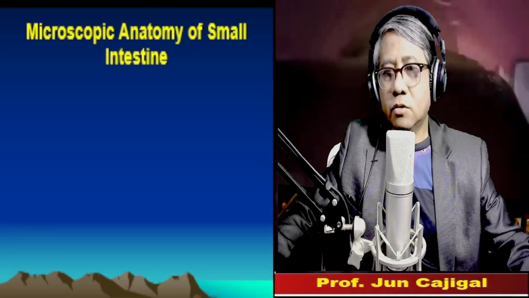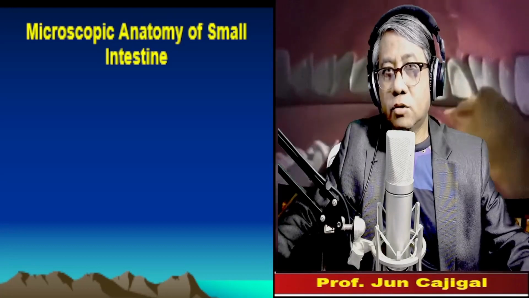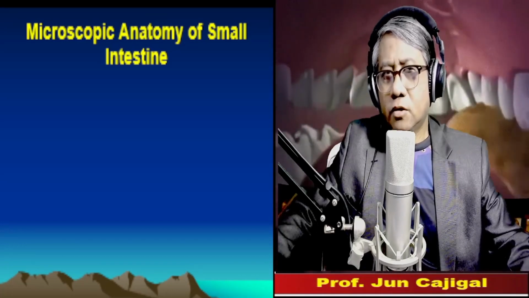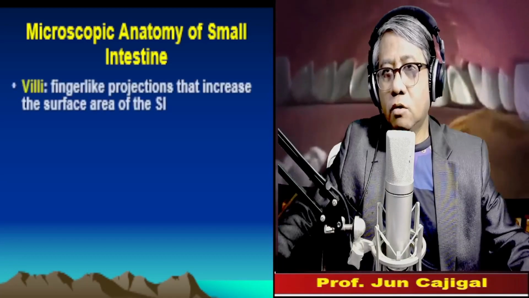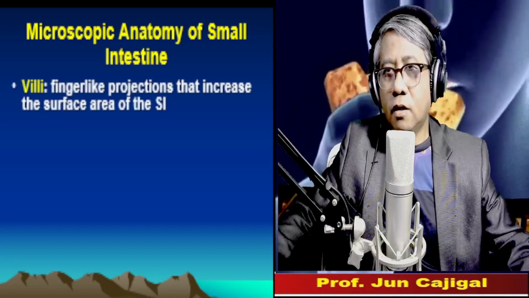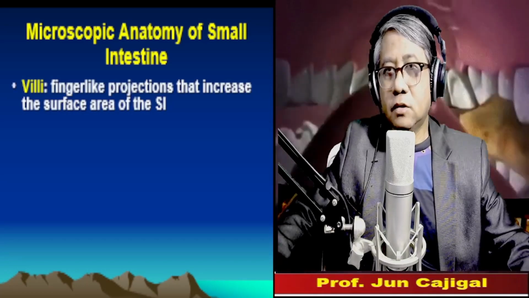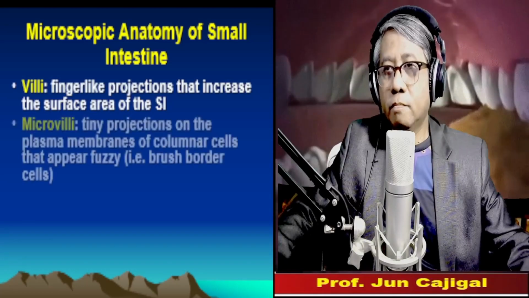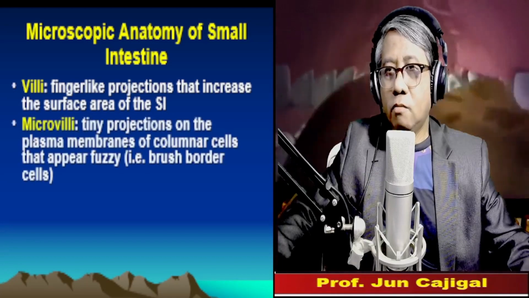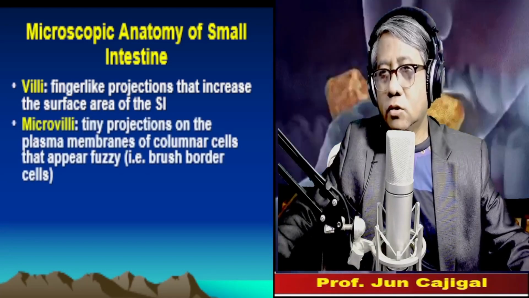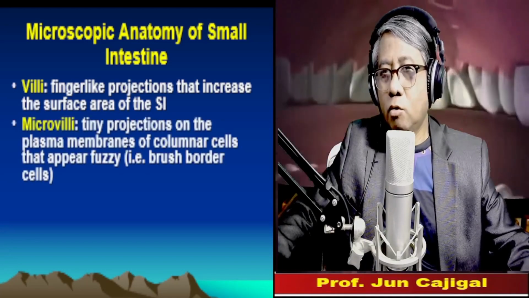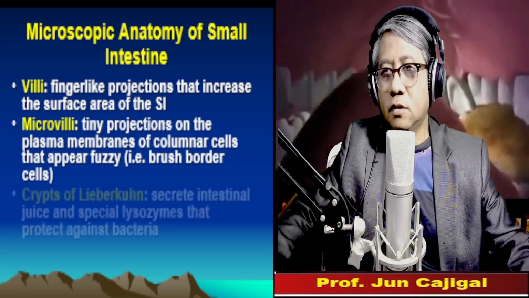Now, what about the microscopic anatomy of the small intestine? The small intestine is composed of finger-like projections called villi that increase the surface area of the small intestine for absorption to occur. Then we have the microvilli, which are tiny projections on the plasma membranes of columnar cells that appear fuzzy.